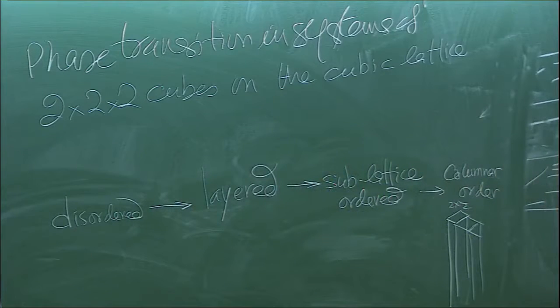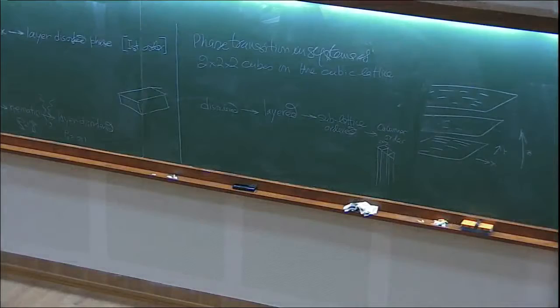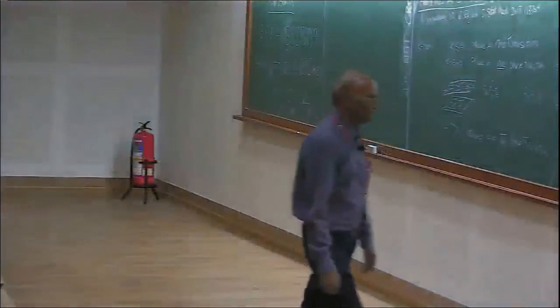It's always less stable than the sublattice or vice versa. So it's hard to accommodate the columnar order in a naive Landau theory. Of course, that is overstating the stuff, because Landau theory is known to be wrong anyway in detail. So let me recall the basic points of Landau theory.